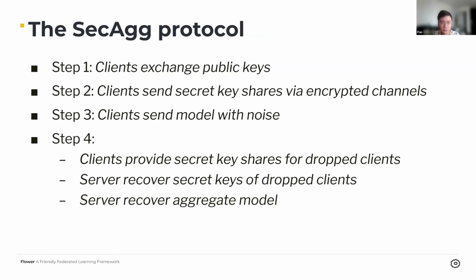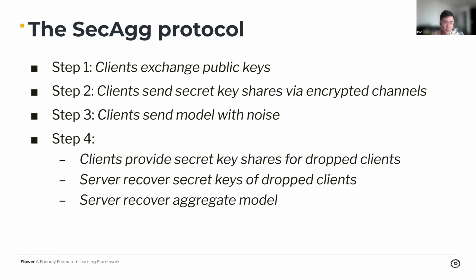So just to summarize, for the most classical algorithm, the SecAgg protocol, the first step is the clients will exchange public keys. These public keys are for Diffie-Hellman key agreement, and Diffie-Hellman key agreement is for the pairwise masks. Then step 2, the clients will send secret key shares, also of the Diffie-Hellman secret key, via encrypted channels to each other.